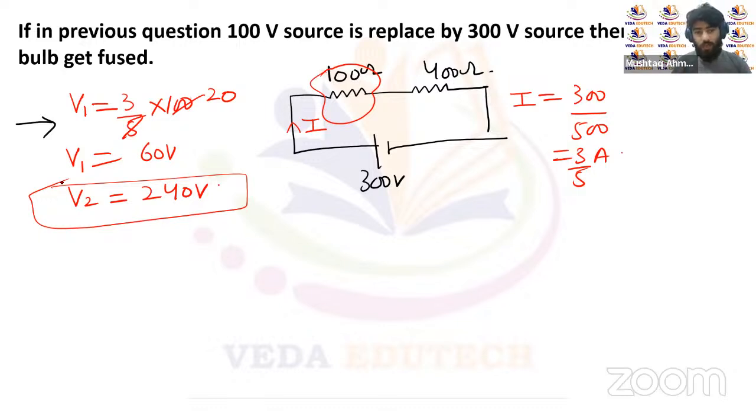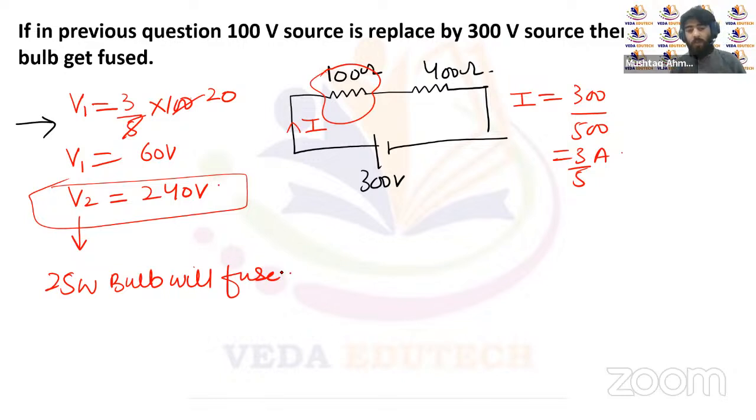It means that the 25 watt bulb will fuse here. The reason is that the voltage across this 25 watt bulb is greater than the specified voltage.